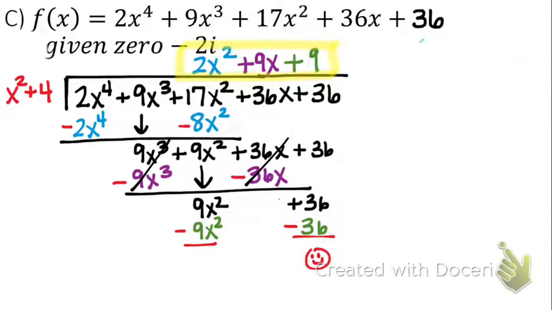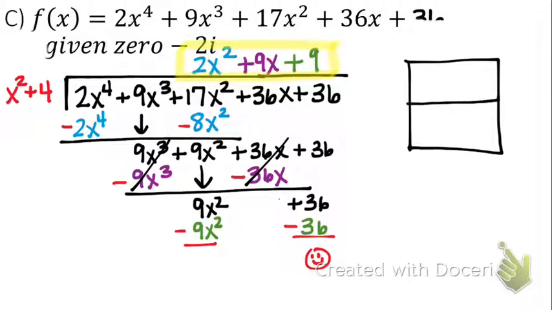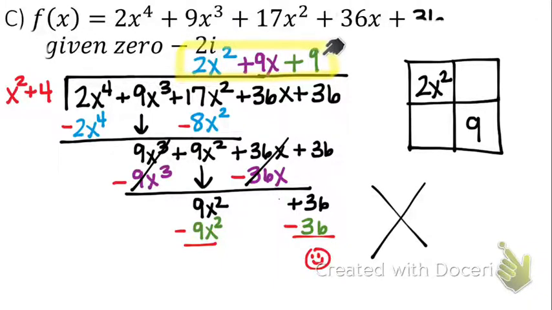So in order to factor, because this is a 2, we do need to make a box. And that 2x squared goes here. And c, which is 9, goes here. You need to find two numbers that multiply to 2 times 9. What is 2 times 9?